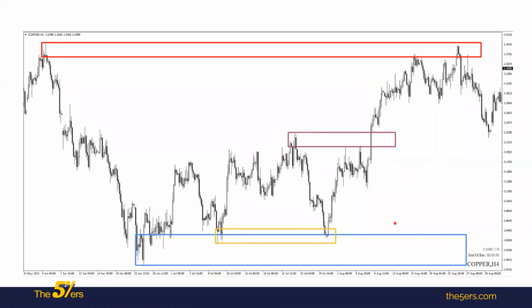Okay, so one thing to show: once price has touched a fresh zone, which is right here, we cannot consider this supply zone as wired anymore.